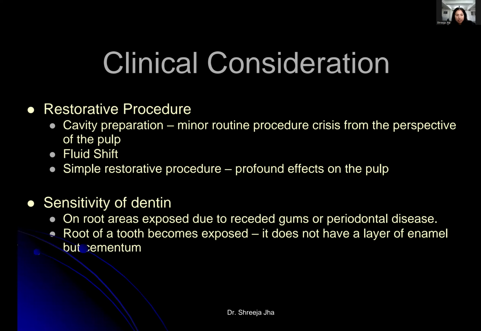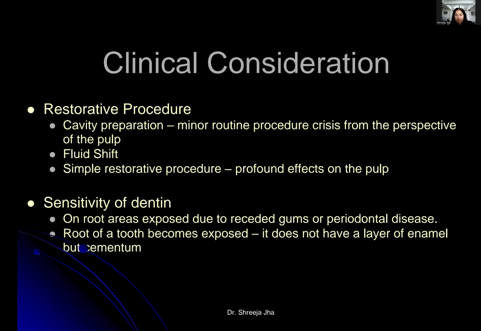Sensitivity of the dentin on root areas. When people say usually we are feeling sensitivity, it is only due to the dentin, okay? Because it is the only layer which surrounds the pulp, as we have studied. On root areas exposed due to receded gums or periodontal disease, the root of a tooth becomes exposed.